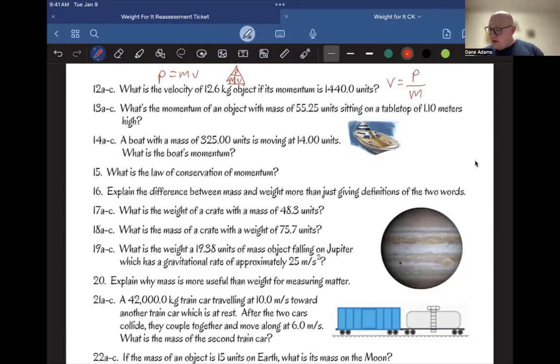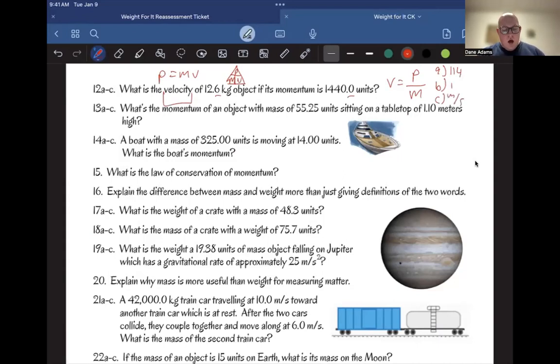So that's 1,440 divided by 12.6. And I get 114.2857143, and I'm sure there's many decimal places after that. So to answer this fully for part A, I'll put 114. For part B, from the problem, it appears I am only allowed one decimal place. And for part C, the units of velocity are meters per second.